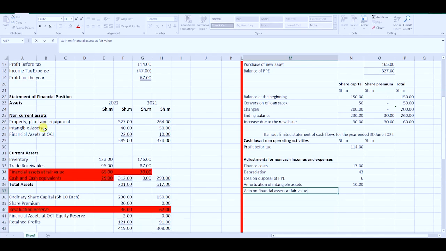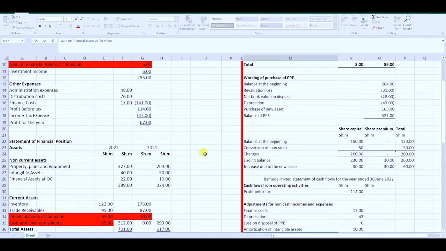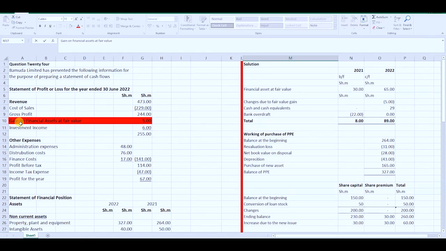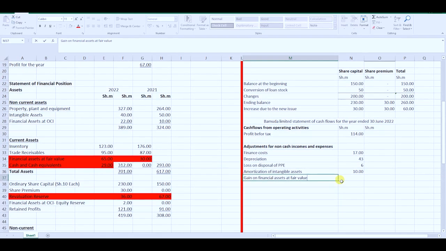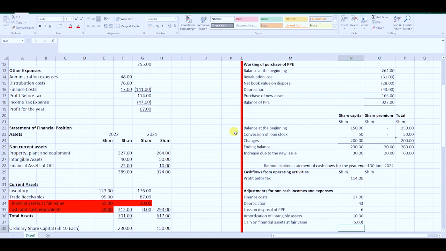There is nothing over here. Financial asset OCI, that's not the one. And from the income statement, we can see the gain on financial assets at fair value. That was given to us because it was a gain over here, but we need to reduce that gain on financial assets here. So we put minus over here, minus 5, enter.